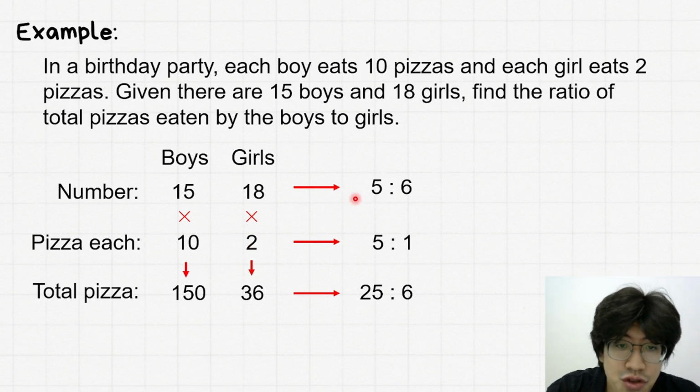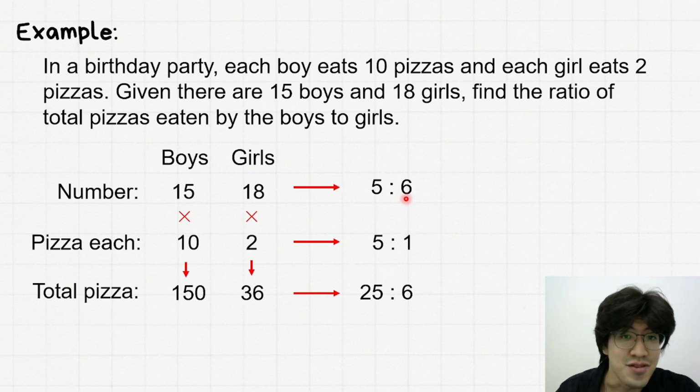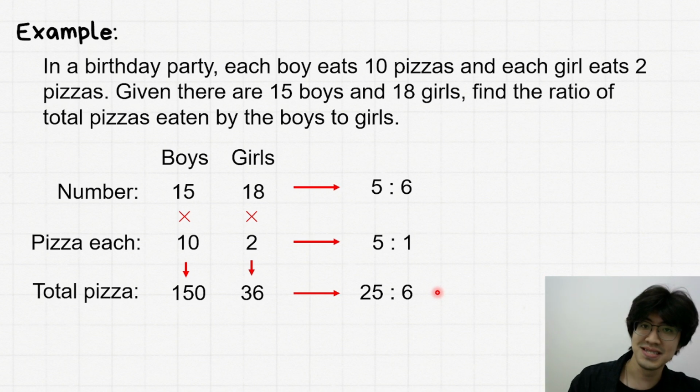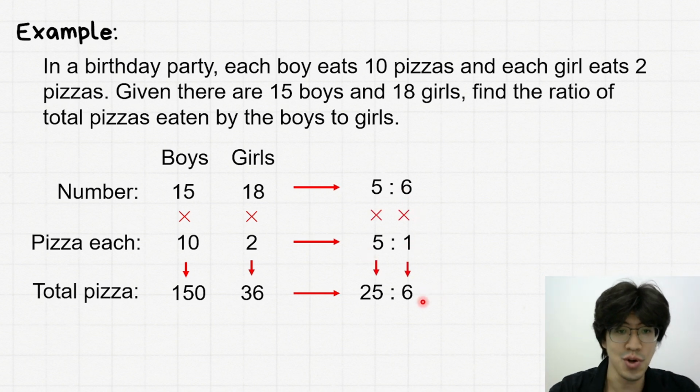So if you look at these 3 ratios over here, you can notice something very beautiful, very magical. This is 5 to 6, this is 5 to 1, this is 25 to 6. What have you noticed? We can notice that this ratio multiplied by this ratio, we get the final ratio over here, which is the total pizza.